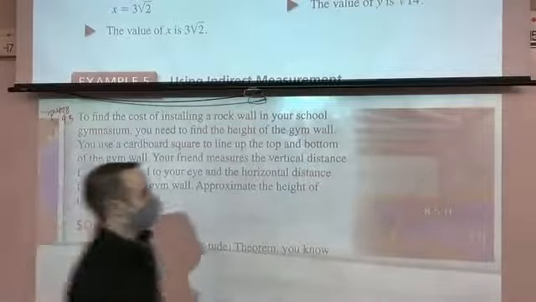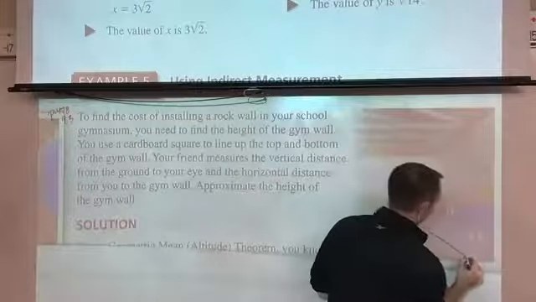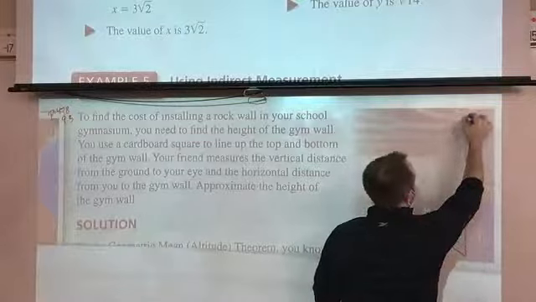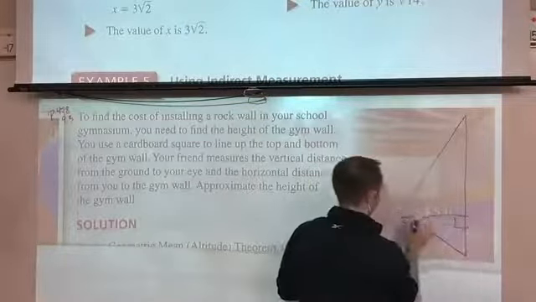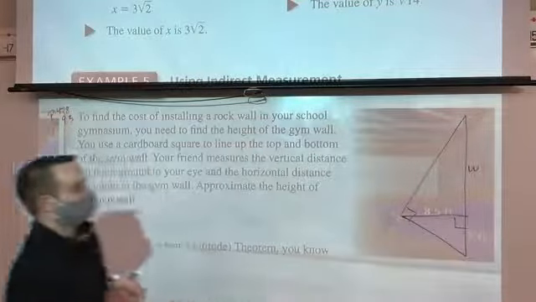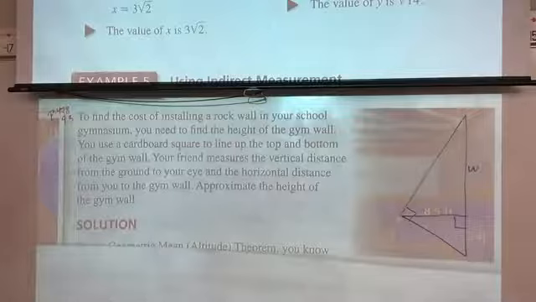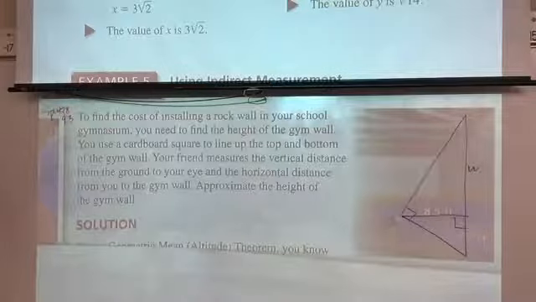Okay, so I know it's a little hard to see, but this guy's holding a cardboard square in front of his face. Here's the triangle. Right, 8.5, 5, this is W. We want to find the height of the gym wall. Okay, so you're still using one of those equations, we're just not solving for the squared thing anymore.